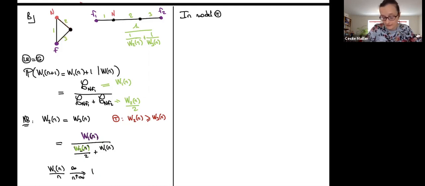Because the ant can't cross this edge without crossing that edge. So this means that here I don't have equality, but I have inequality. So this is less or equal to that, and this means that I have also an inequality here, which is larger or equal.